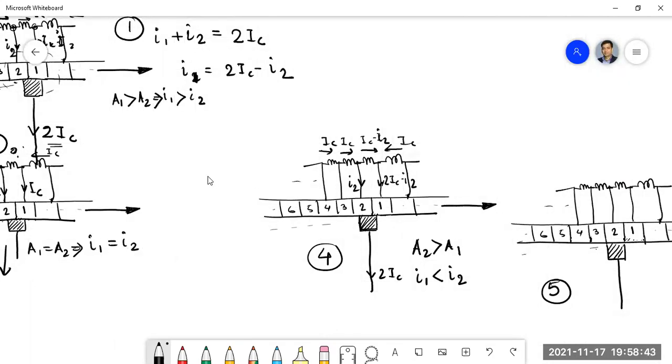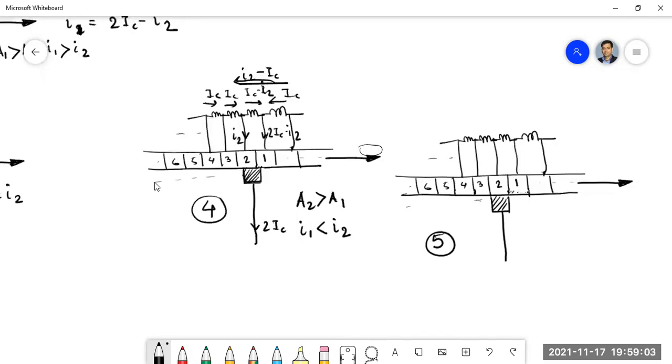So though it is showing IC minus I2, the actual current will flow from right to left. This direction is a little bit confusing. Actually it will be I2 minus IC, and the direction of current will be in this direction. So this is the change of current direction taking place here.